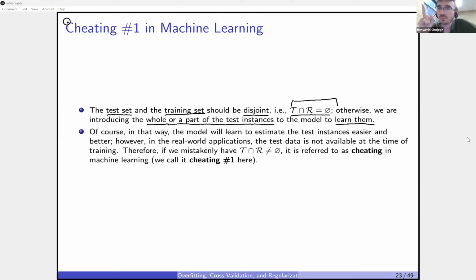However, whenever you want to report on a test set, remember this example of mine about the traffic data. Assume you are in your company and you are training something, and then you put some of the tests in the training data. Then question yourself: aren't I supposed to not have access to the test data?